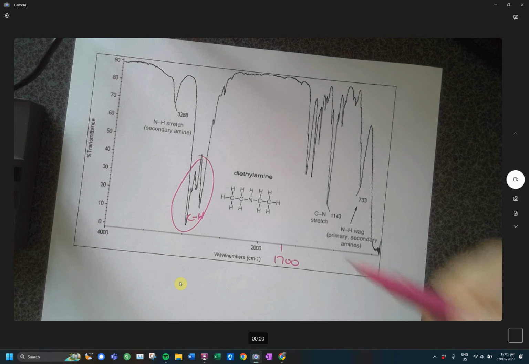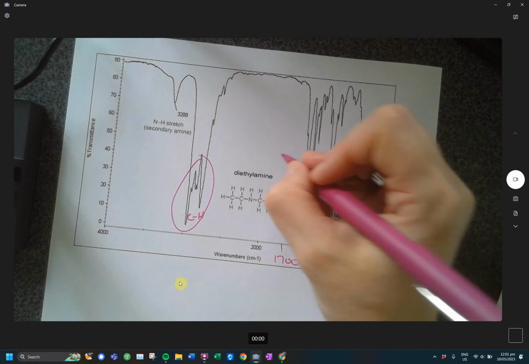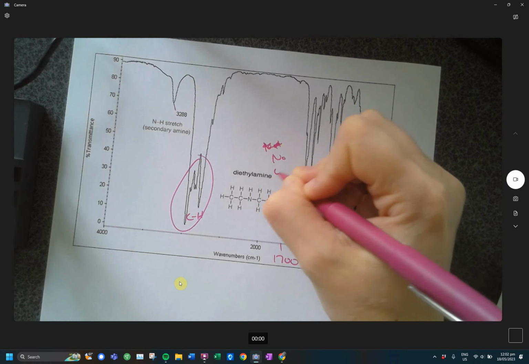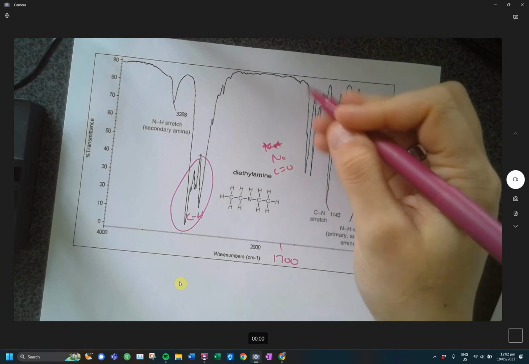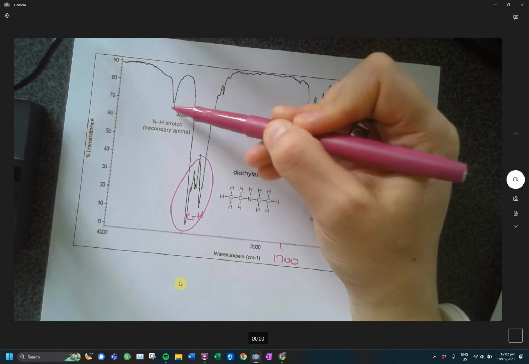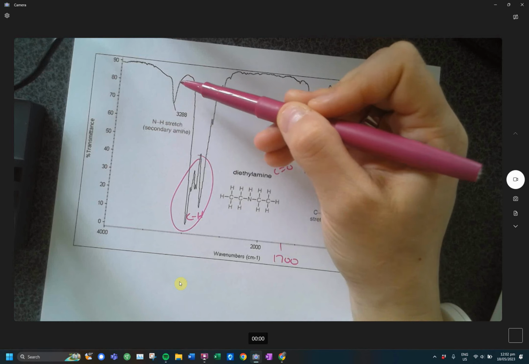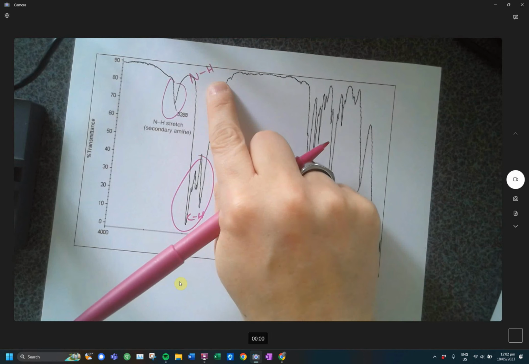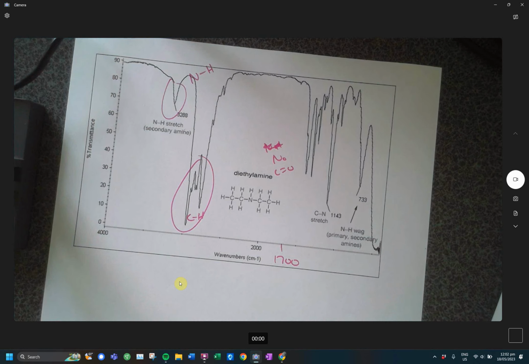Now, we don't see a carbonyl, so no C double bond O, because that would have happened around here. I do see this trough over here, and this actually is an amine as well. But this has only got the one hydrogen. So this one's a secondary amine, whereas the other one was a primary amine.